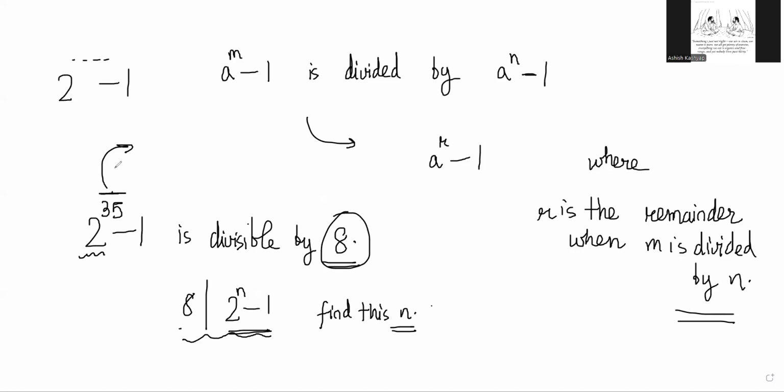So anytime you have a divisibility question where you have to check whether a power p minus 1 is divisible by m, we can first find the smallest integer n such that a power n minus 1 is divisible by m.